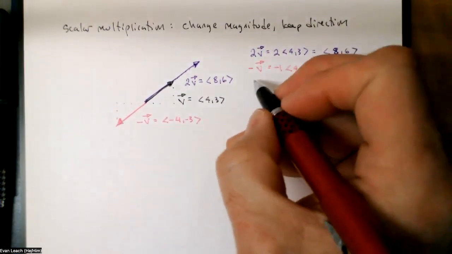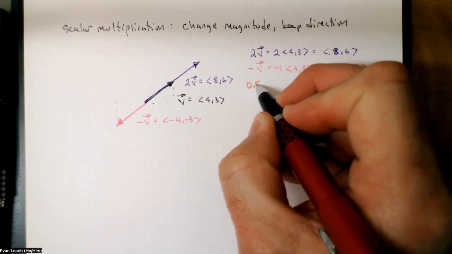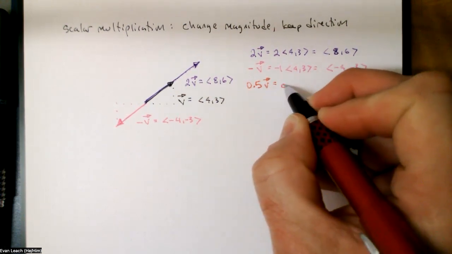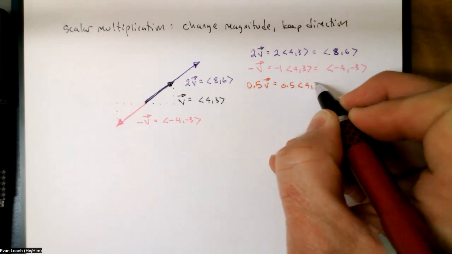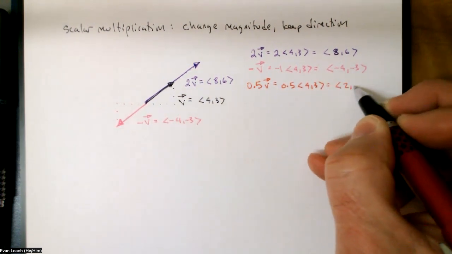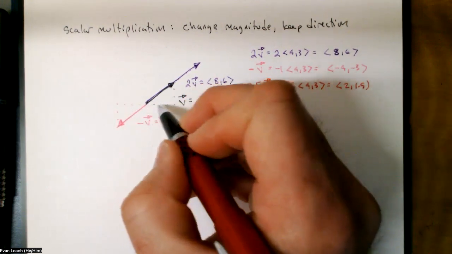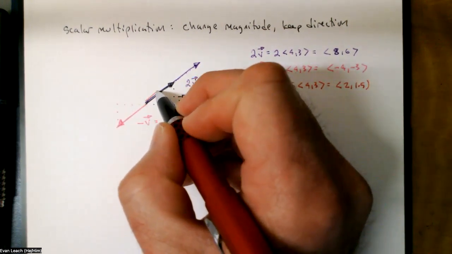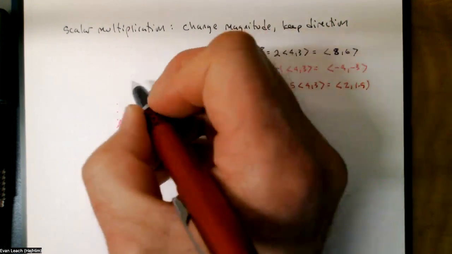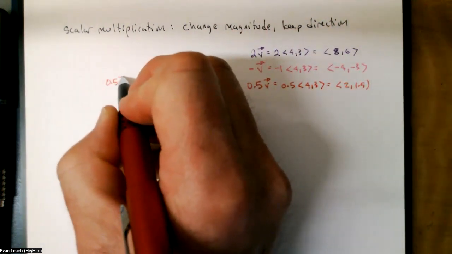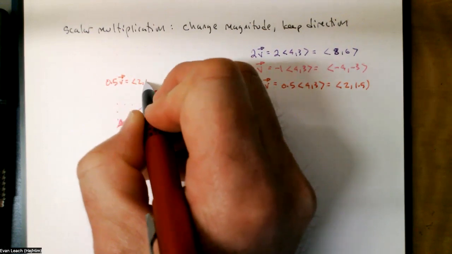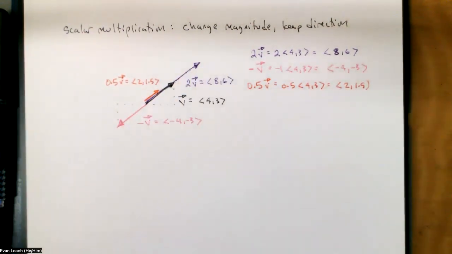We can also make things shorter, so like 0.5v. I didn't change the direction, we just changed the length. This is why we call it scalar multiplication.